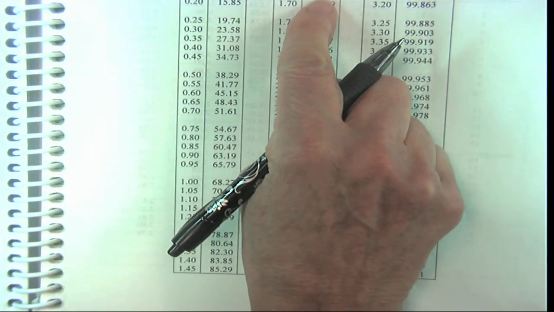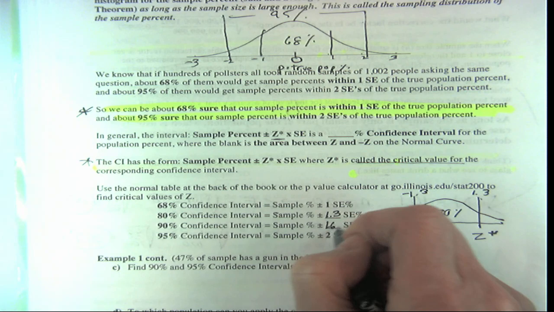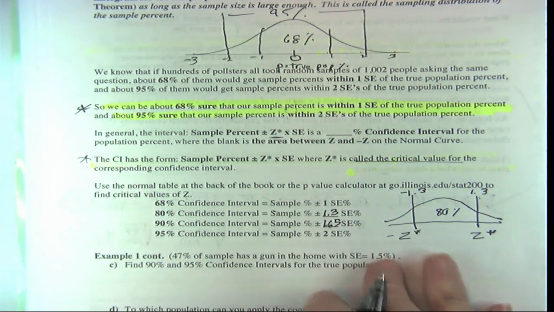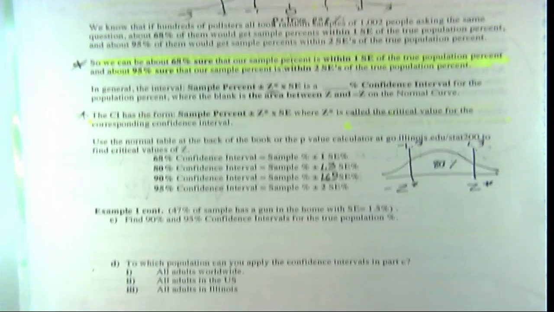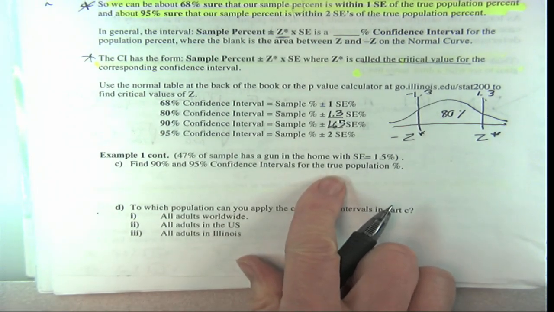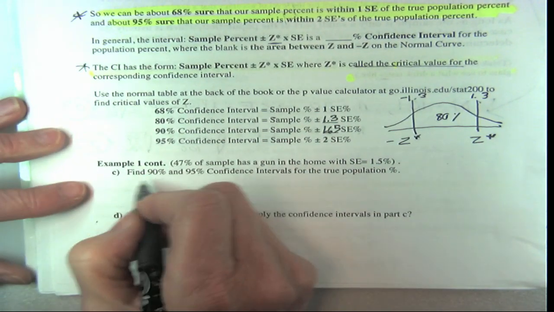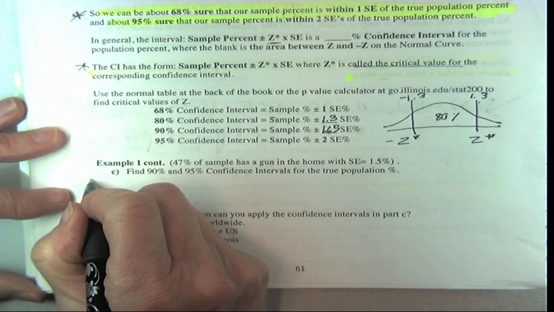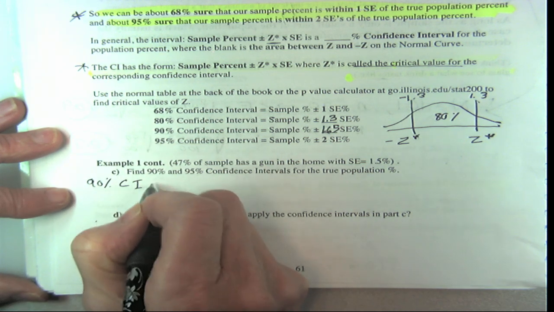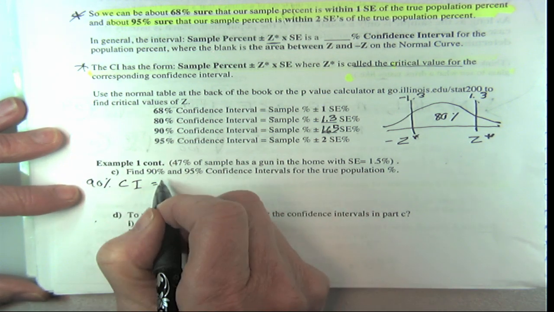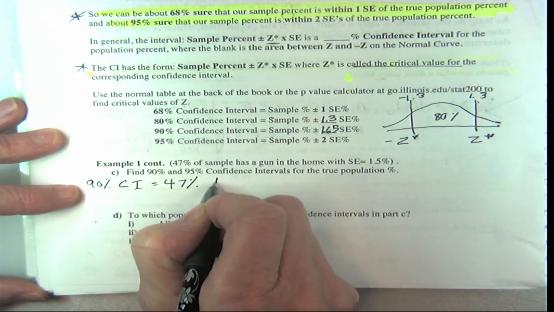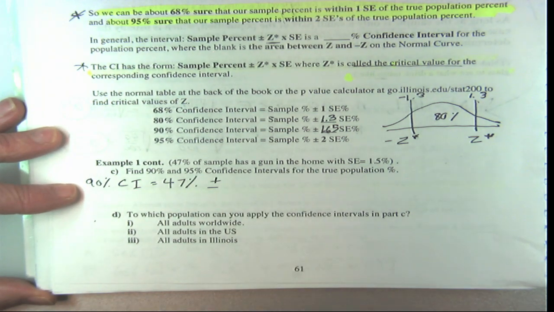What about a 90% confidence interval? Then we'd look at 90 right here, and we see 1.65. So, find a 90% and 95% confidence interval for the true population percentage. A 90% confidence interval would be our sample percent, 47%, and we're going to add and subtract a margin of error.